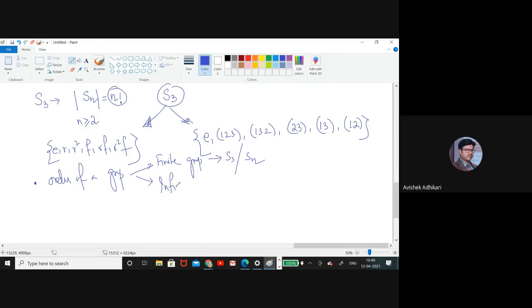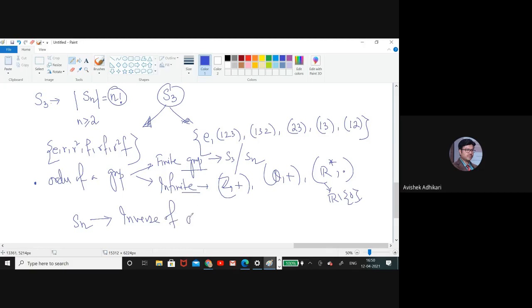Infinite, we have already seen: Z with respect to addition, Q with respect to addition, then R, maybe R star with respect to multiplication, where R star means R minus 0. So there are two types of groups, broadly speaking, finite groups and infinite groups. Especially we have already seen for Sn what could be the inverse of an element.